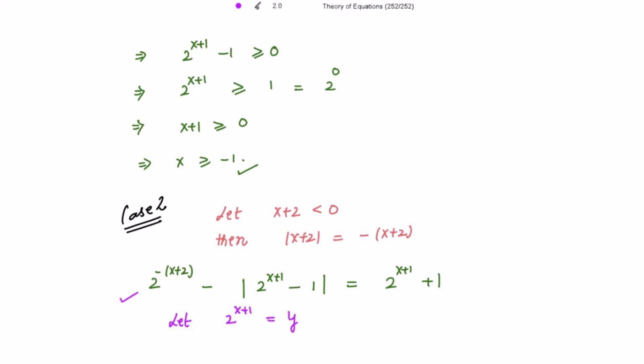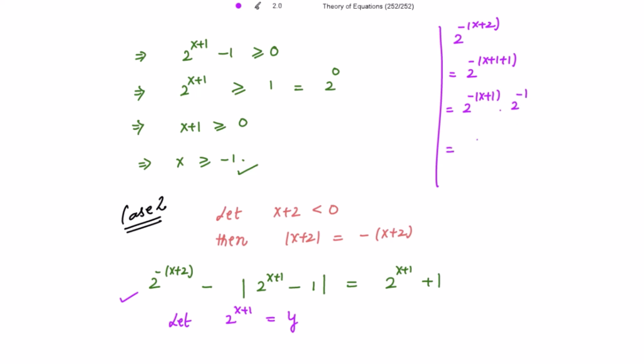Now the first term is 2^(−(x+2)), which equals 2^(−(x+1)−1), and can also be written as 2^(−(x+1)) into 2^(−1).